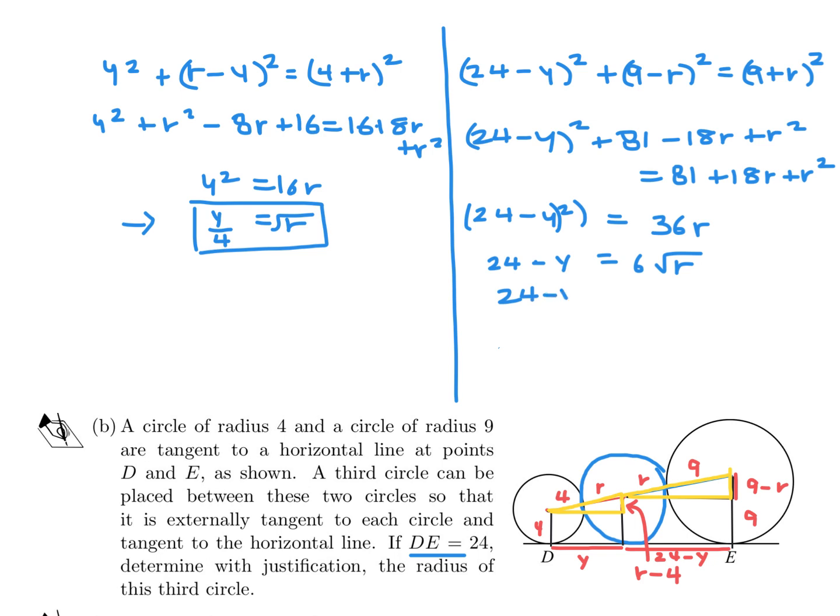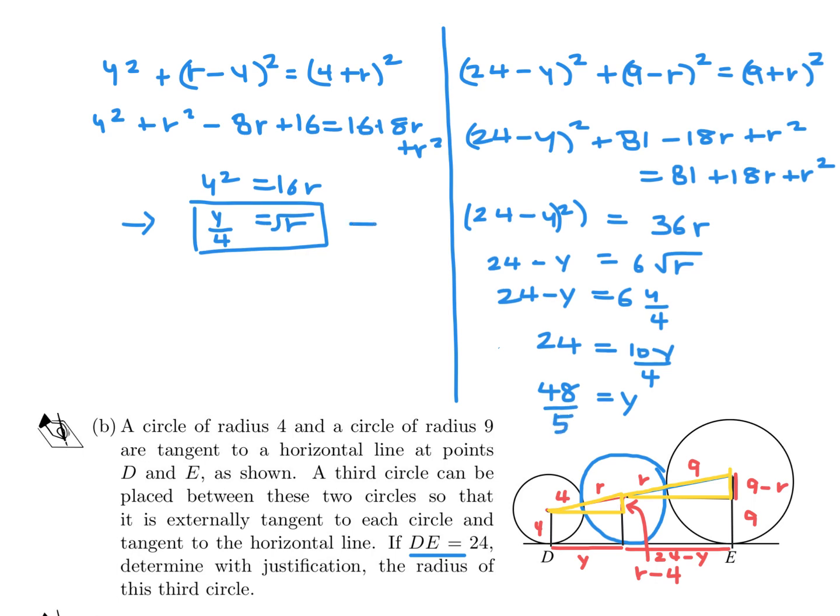So 24 minus y is 6 times y over 4. Then I have 24 is equal to 10y over 4. Solving this gives me 96 over 10. So y is 96 over 10, which is 48 over 5 in lowest terms.